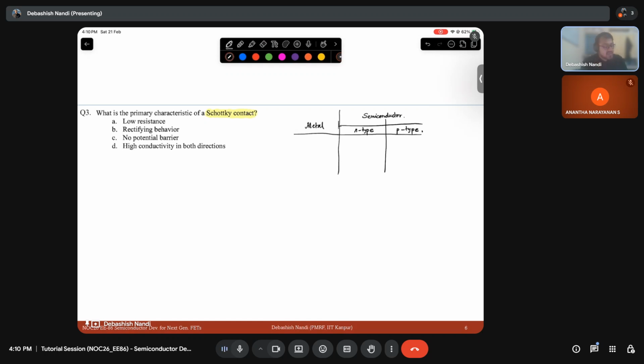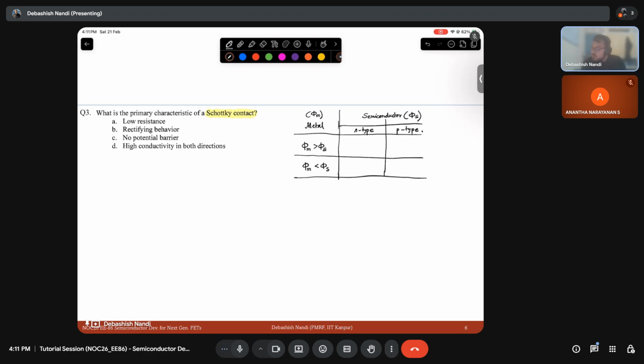What are metals characterized by? Their work function, right? Let's say the work function of the metal is phi m, and the work function of the semiconductor is phi s. Let's say phi m is greater than phi s, and in another case phi m is less than phi s. So there can be four cases.